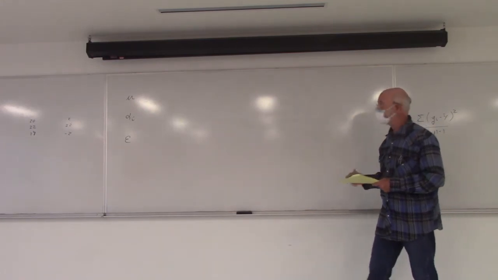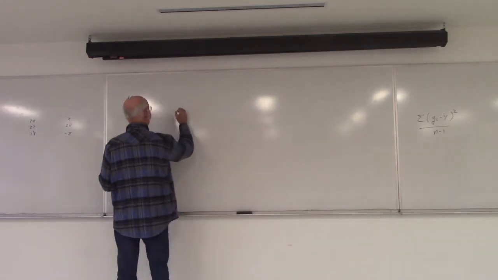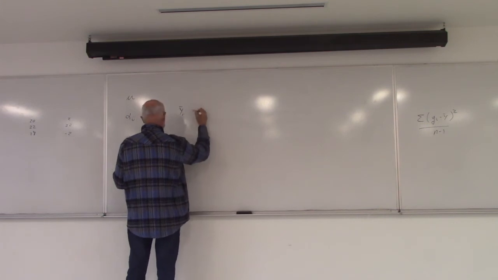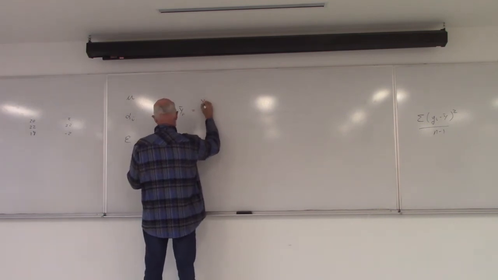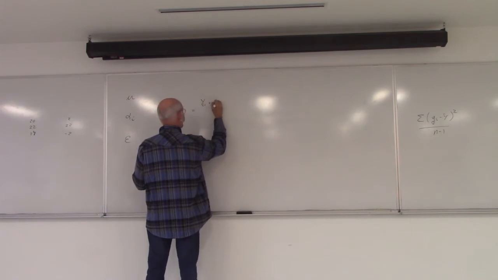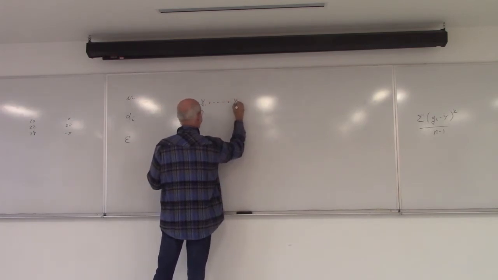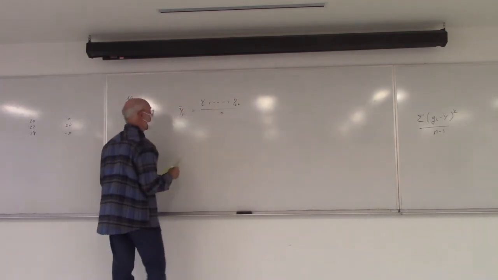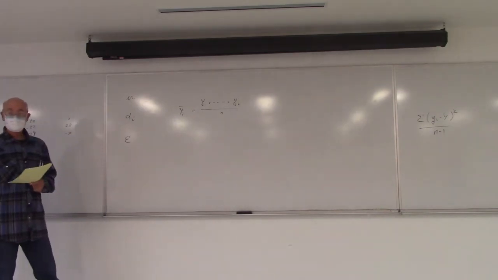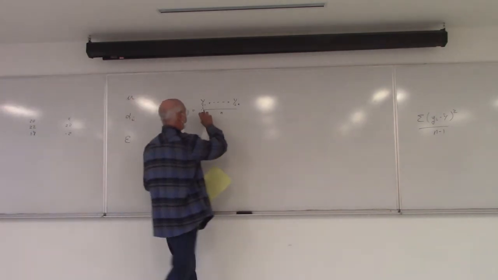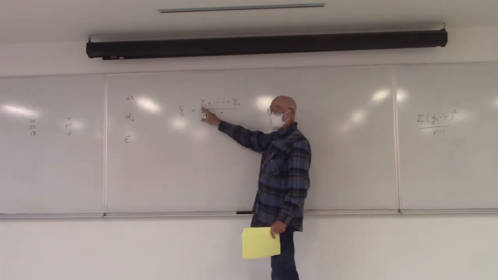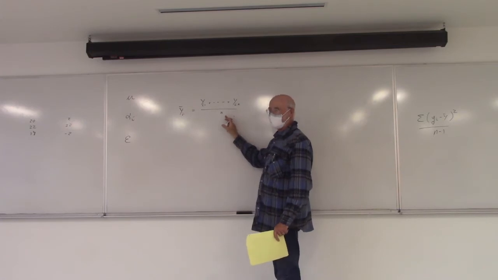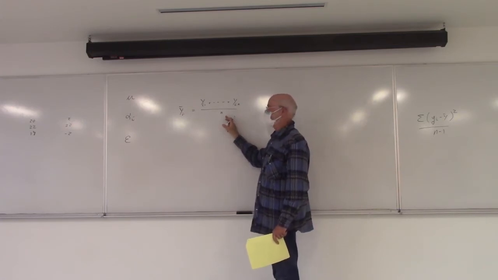All right. Let's start with y i dot bar. That's equal to y i1 plus all the way to y i n, divided by n. So for the ith treatment, I'm going to add up all the observations in the ith treatment and divide by n, which is the number of observations in the ith treatment.